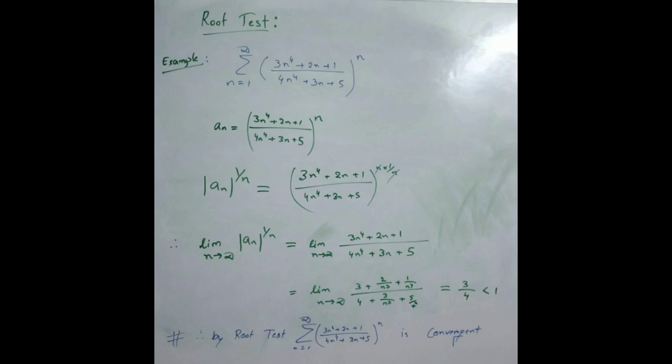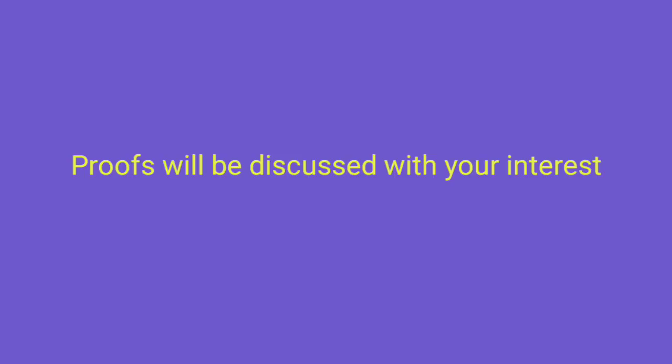Then the modulus of a_n to the power 1 by n is (3n to the power 4 plus 2n plus 1) by (4n to the power 4 plus 3n plus 5). Let's take the limit as n tends to infinity. Now let's divide the numerator and denominator by n to the power 4. We can see that we have 3 by 4 only, which is less than 1. So our series is a convergent series.